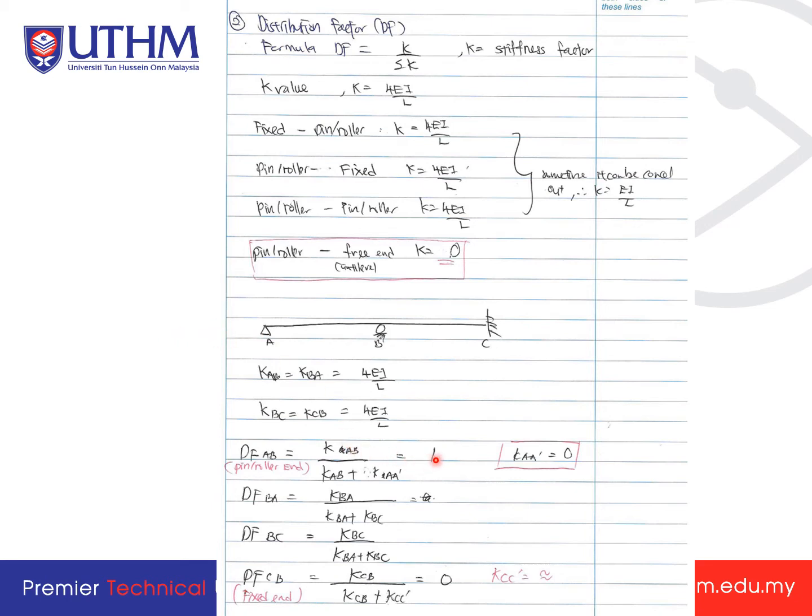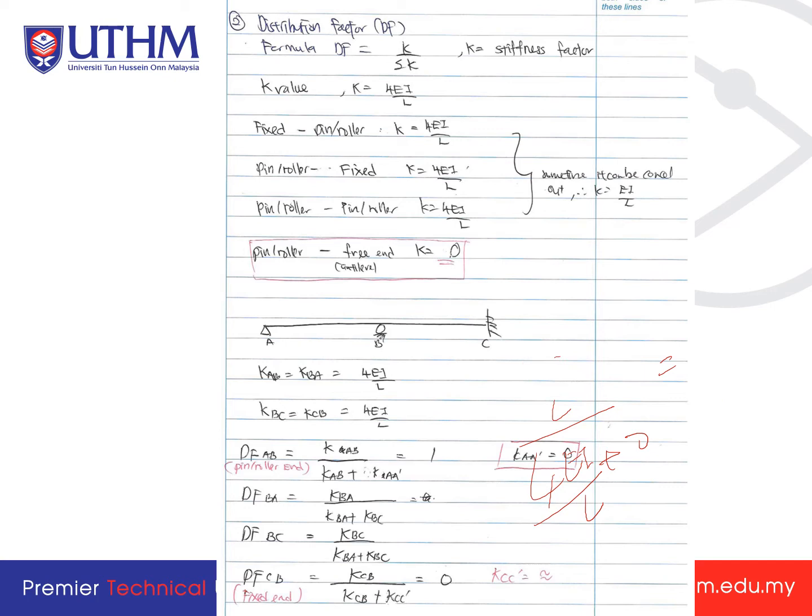KAA is 0 at the pin or roller end, so it is 4EI over L over 4EI over L. Let me write it here: 4EI over L over 4EI over L, plus 0. That's why you get 1. So that's why you get this value of 1.